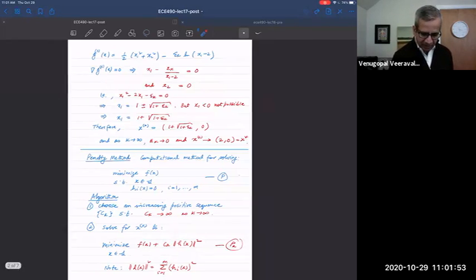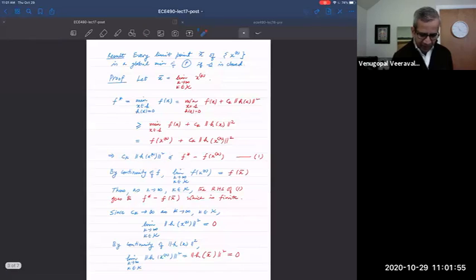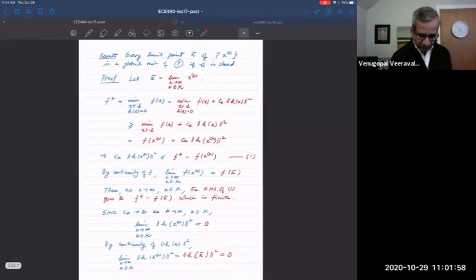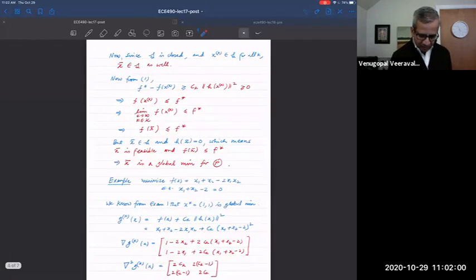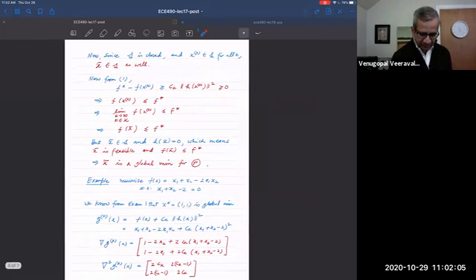Okay, so that's the idea. And then we proved that that actually works, and then went on to do an example to illustrate that it does work, right? So that's what we did.